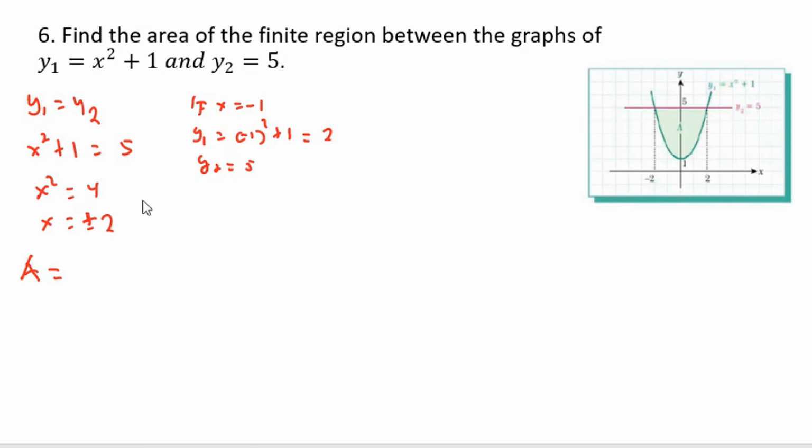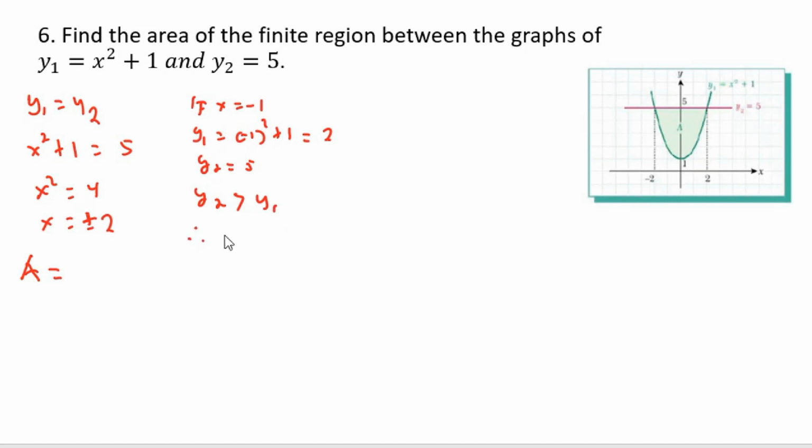So comparing the two values of y sub 1 and y sub 2, since y sub 2 is already a constant, no need to solve for that, we can now say that y sub 2 is greater than y sub 1.